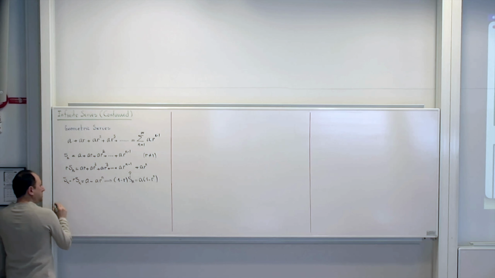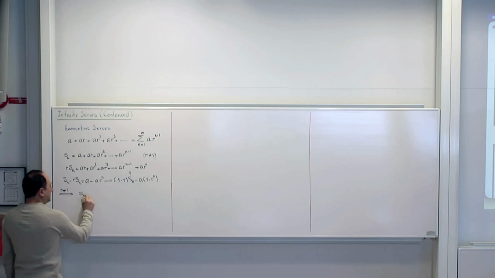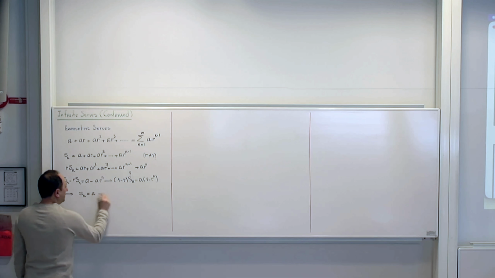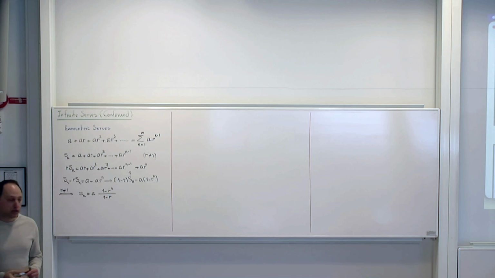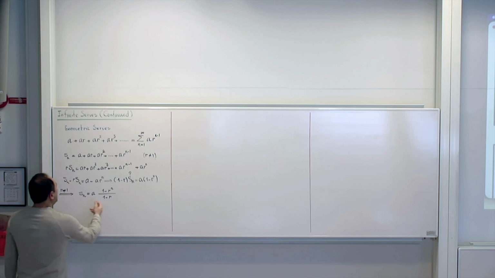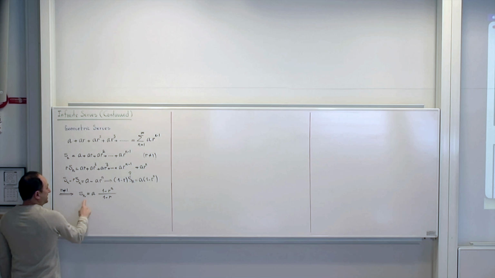So if r is not equal to 1, then Sn that I am looking for is A times (1 minus r to the n) over (1 minus r).